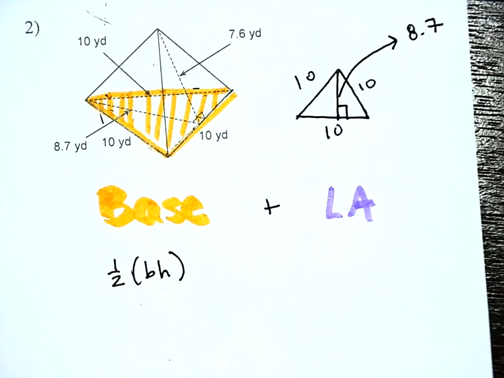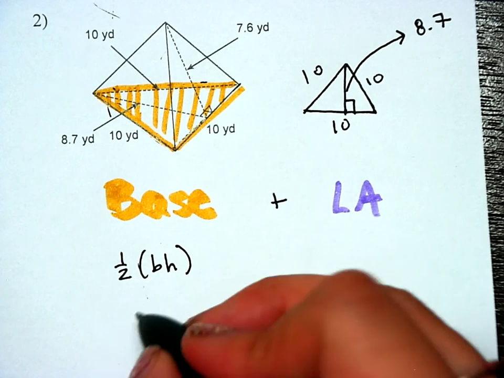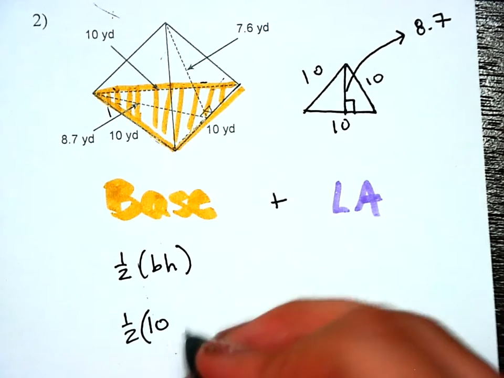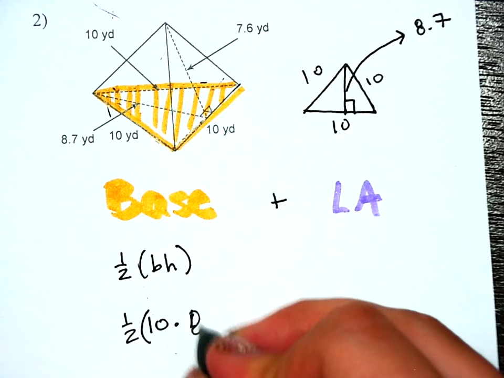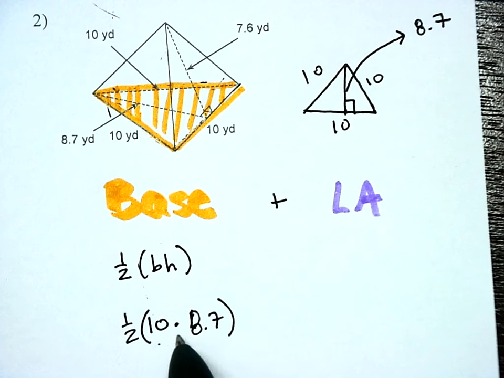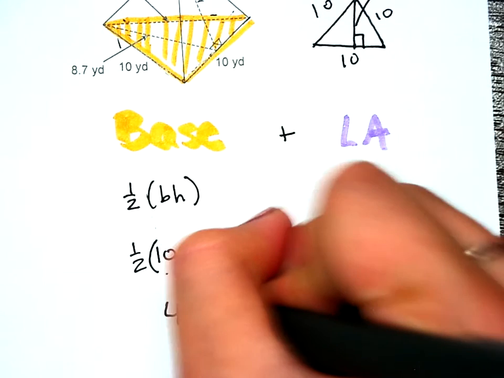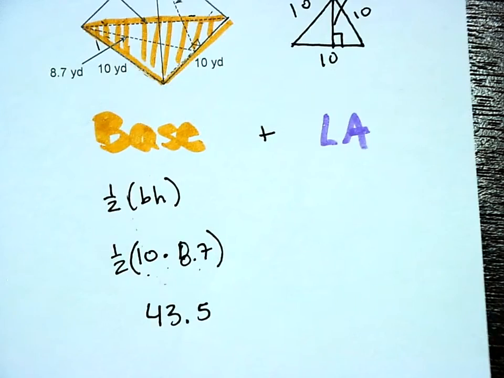Remember, that's how we find the area of a triangle. The base is 10 right here, and then the height was 8.7. So 1/2 times 10 times 8.7 is 43.5. Okay, so I've got my one base area.